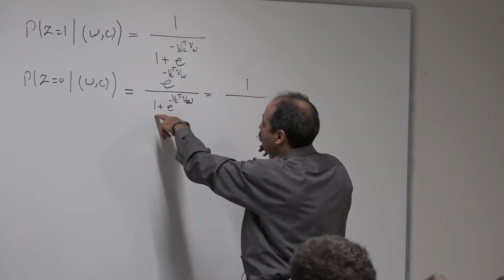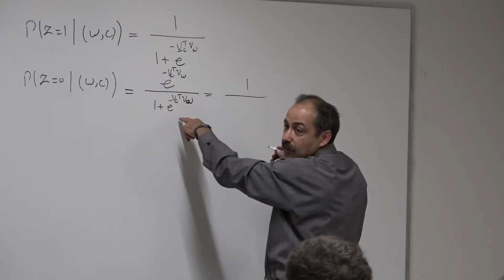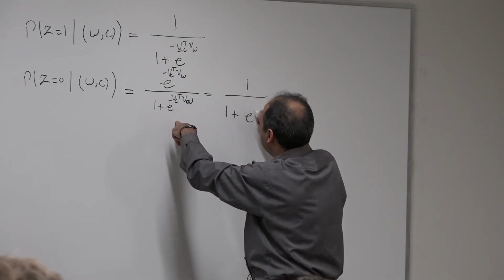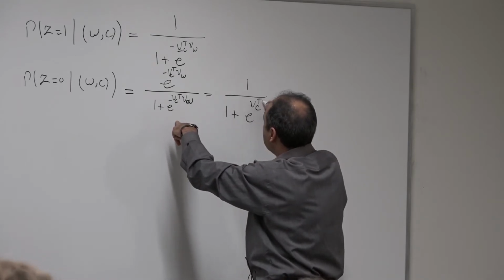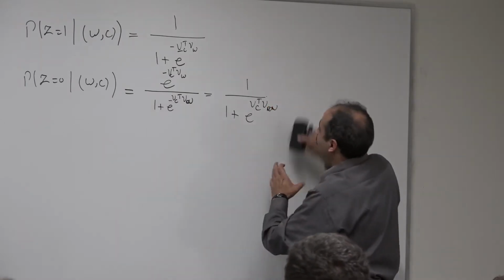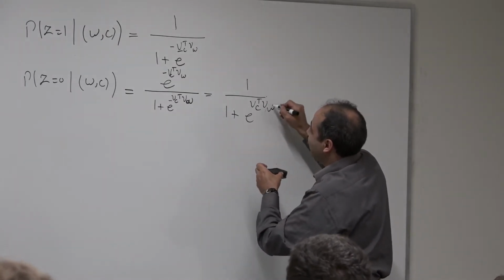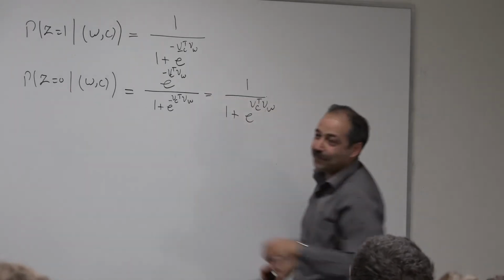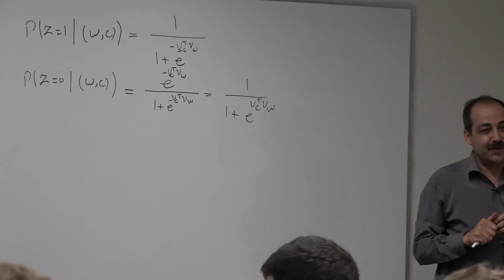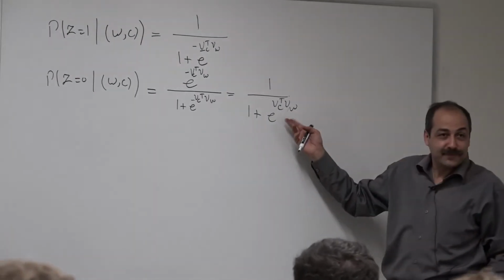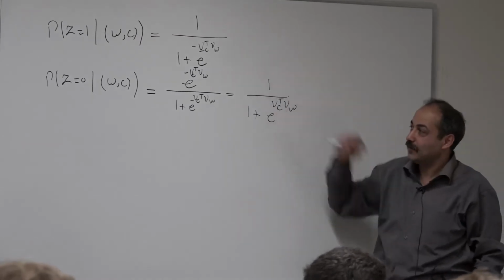This term is going to be e to the power of VC VW, and this term is going to be 1. So it's going to be 1 plus e to the power of VC transpose VW. I should have called this VW, because the number of times that I put M by mistake is really more than the number of times that I do it correctly. Okay, so this is the complement of this one.